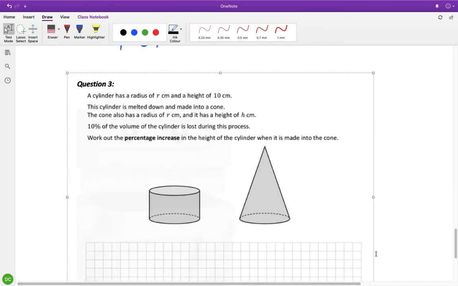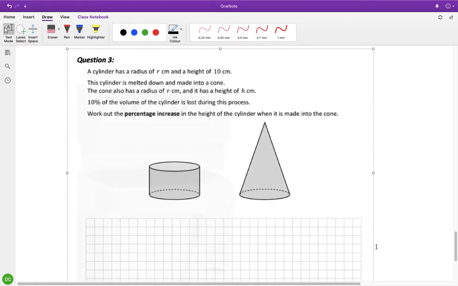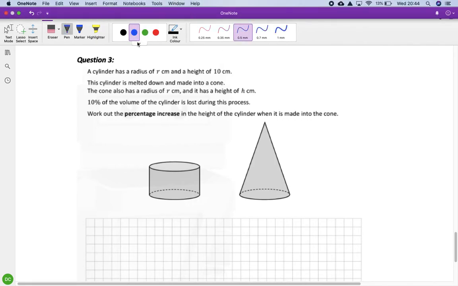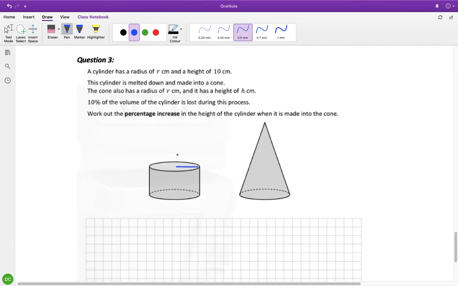Okay, so question 3 says a cylinder has a radius of r centimeters. Okay, so I'm just going to put that in here. It has a height of 10 centimeters. The cylinder is melted down and made into a cone.